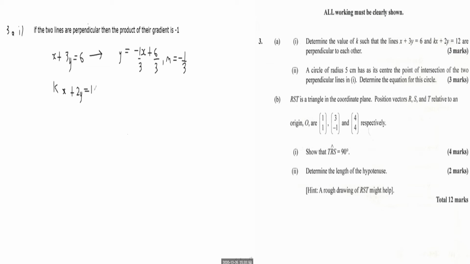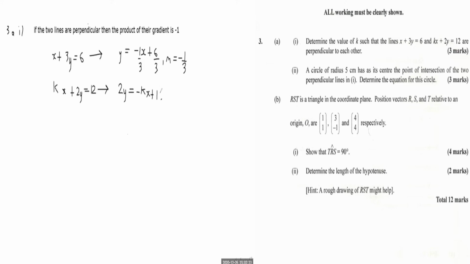Now that you have kx plus 2y is equal to 12, what does that mean? That means that if we make 2y the subject, we're going to get that 2y is equal to minus kx plus 12.